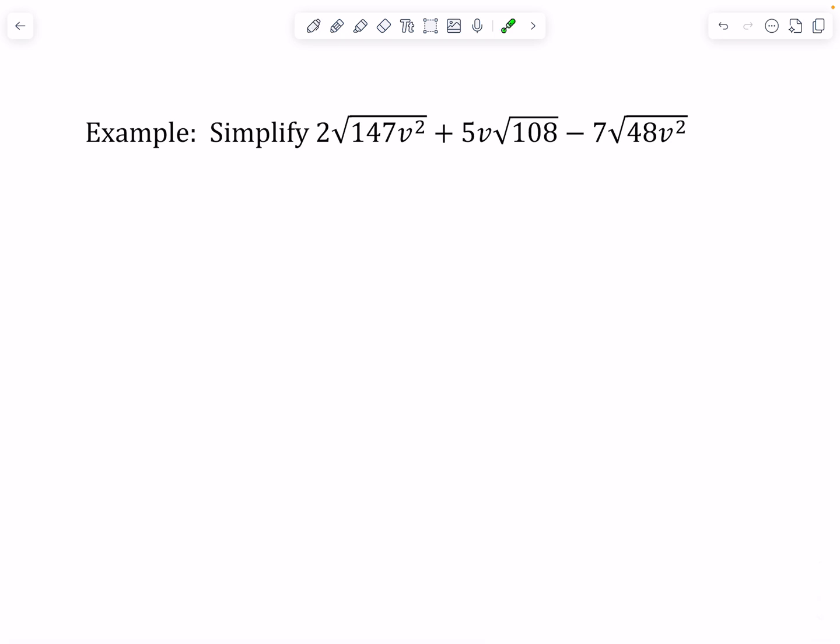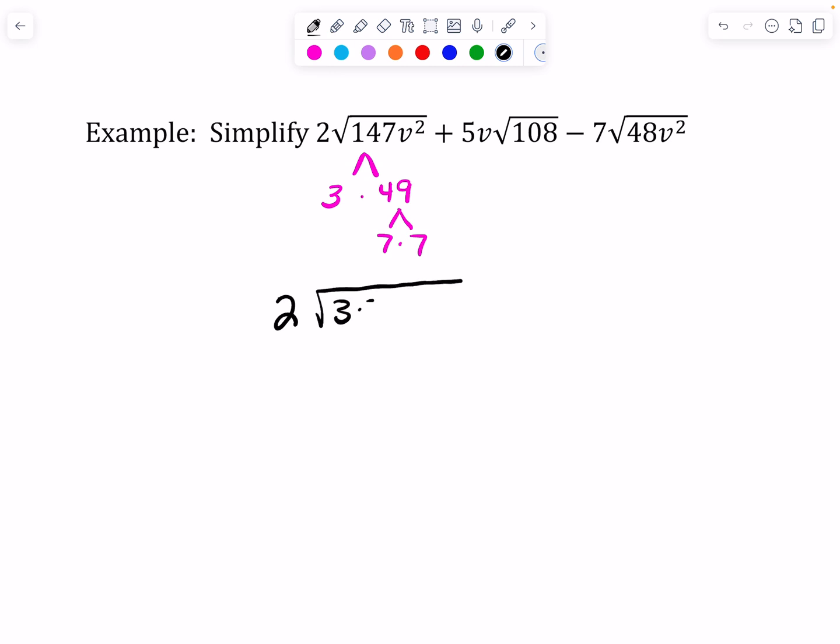Again, this question is all addition and subtraction, so we need to break down each radical separately first. So we have 147, which breaks down to be 3 times 49. 49 is 7 times 7. So this is going to give us 2 square roots of 3 times 7 times 7 times v times v.